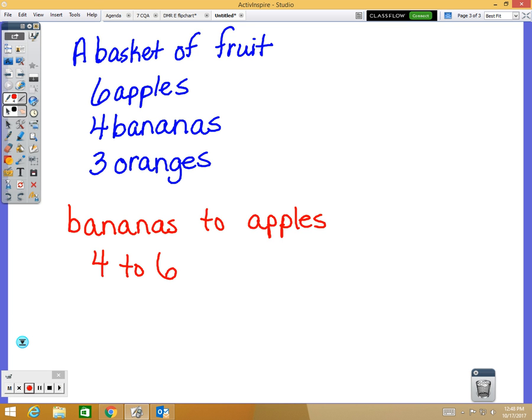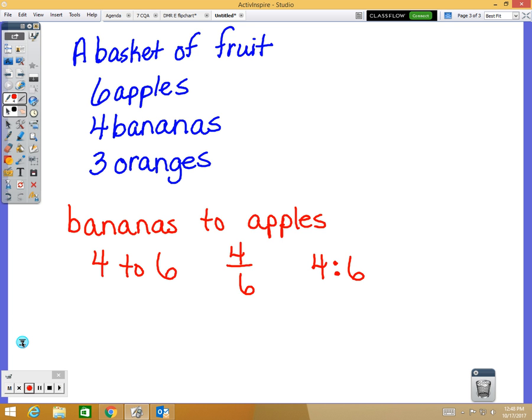And they're going to ask you to write it in the other forms as well. Okay, so besides 4 to 6, what was one of the other ways I could write this? 4 over 6. And the third way was 4 colon 6. Okay. Any questions about that? Does that seem pretty easy so far? Yeah. Makes sense.